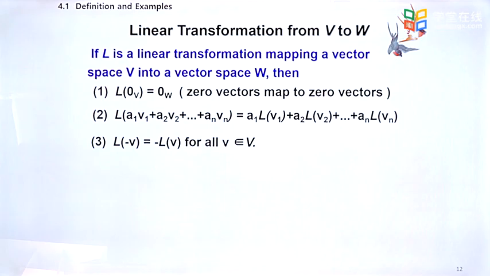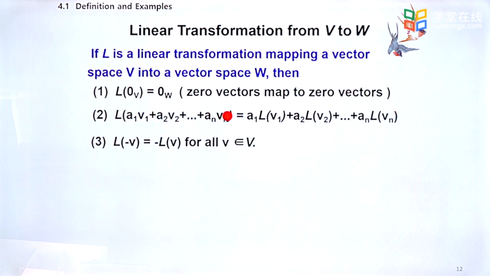And we have these properties for linear transformations from V to W, two different vector spaces. If L is a linear transformation mapping vector space V into vector space W, then we know that L of 0_V equals 0_W. So this means the zero vector maps to the zero vector under a linear transformation.